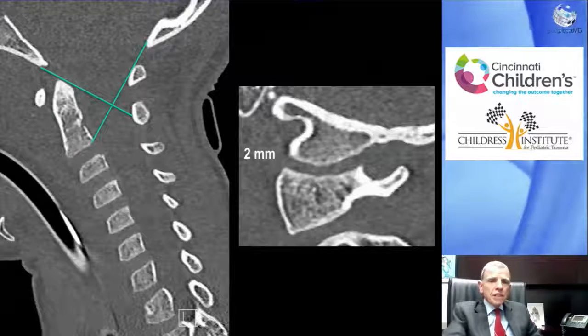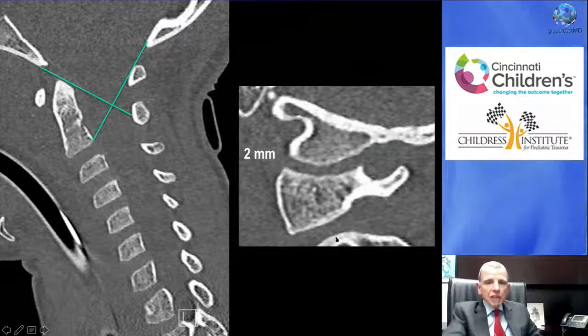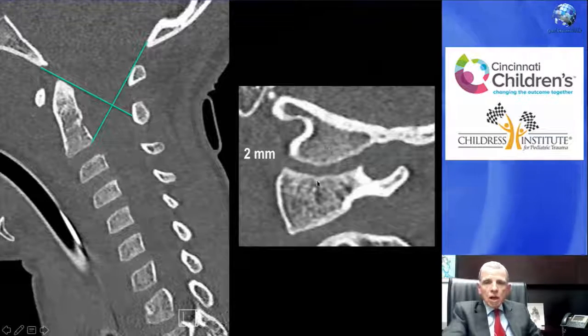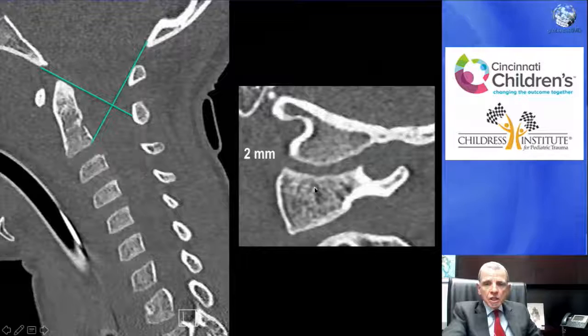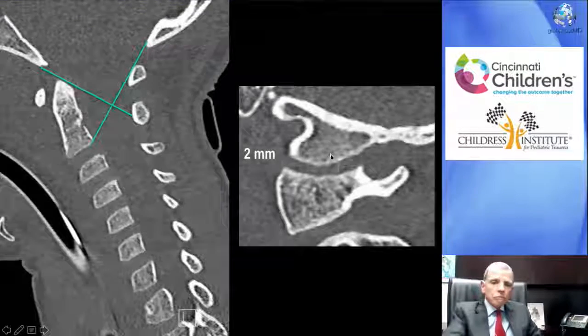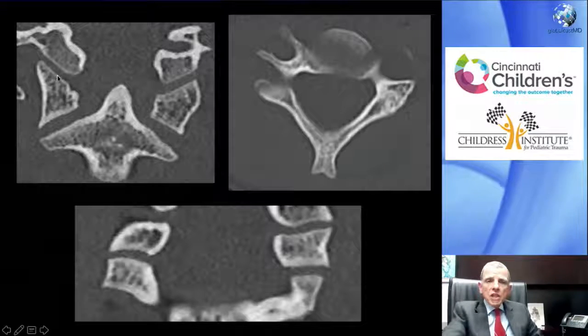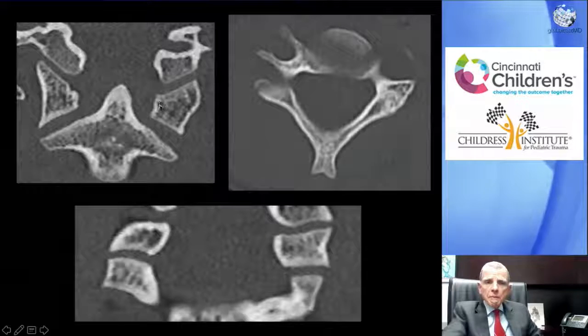So CT scan is wonderful. You see everything in exquisite detail. This is a normal X line here. This is a normal condyle to lateral mass, 2 millimeters. We can assess the symmetry of joint spaces.